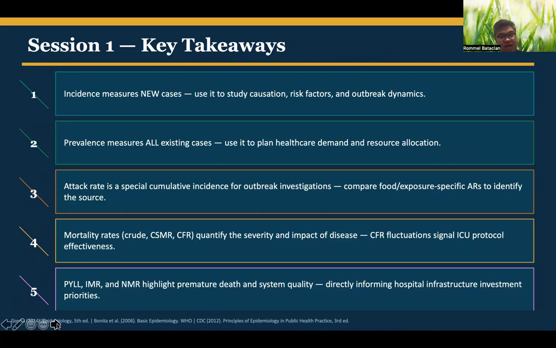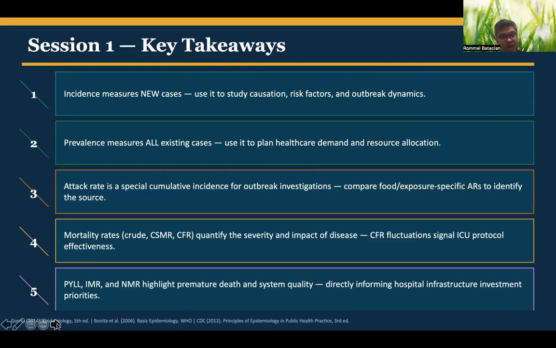Third, attack rate is a special cumulative incidence rate for outbreak investigations. For example, you compare food-specific or exposure-specific attack rates. It helps you identify the source of that particular surge of the disease. It's how we found the contaminated spinach in our example.